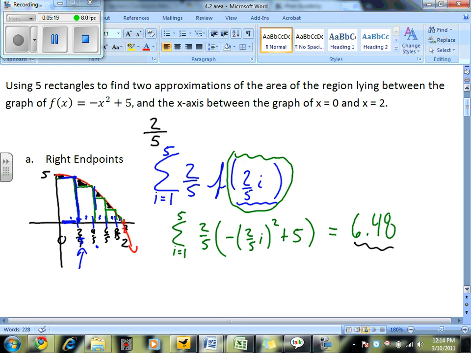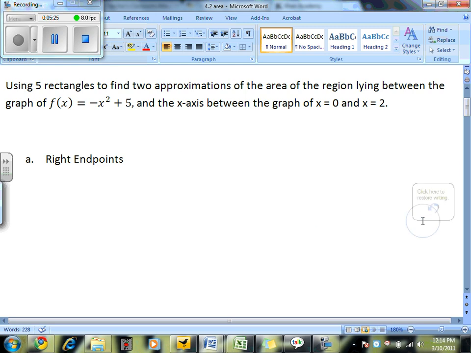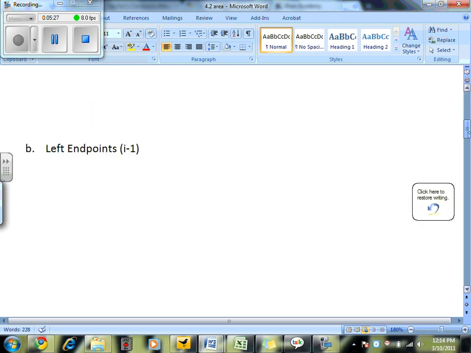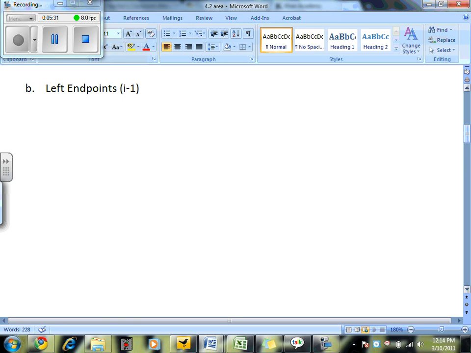All right. Well, what if we try our left endpoints? So again, we still have the same function of negative x squared plus 5. We're still breaking it into 5 rectangles. I'm going to draw another picture here, and draw another graph.